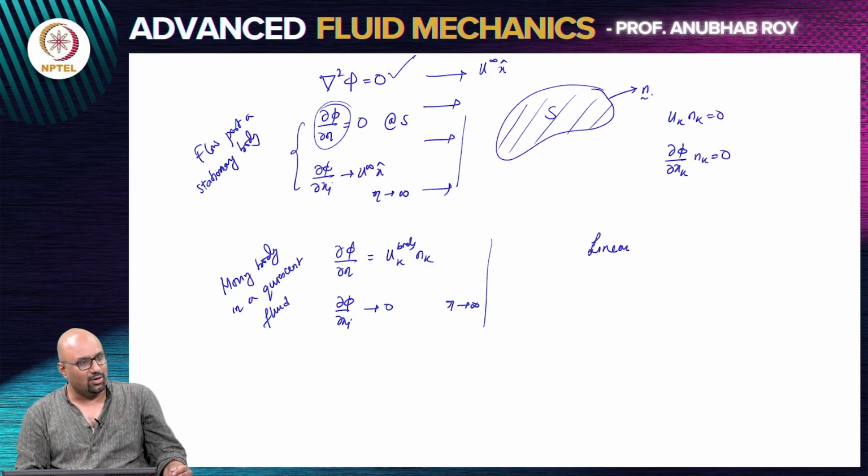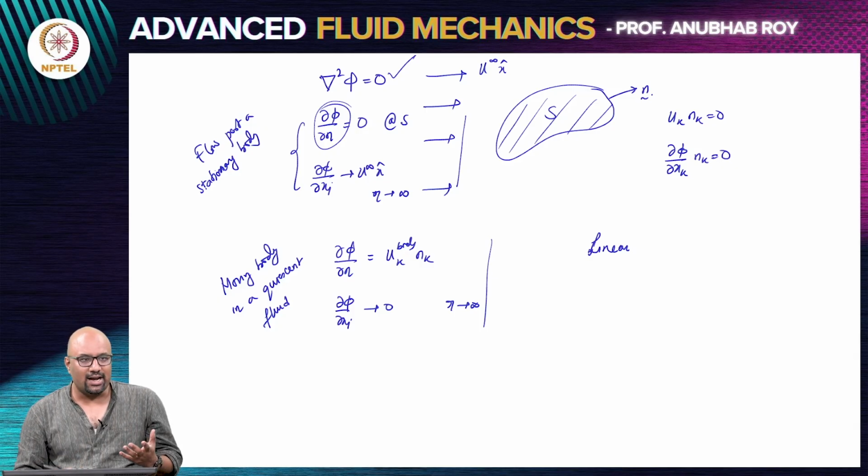Del square phi equal to 0 is a linear equation. The boundary conditions are linear. If you have a boundary that is rigid, then your boundary conditions are linear, your differential equations are linear, which means the solutions that you are going to obtain, they should also obey linear superposition.